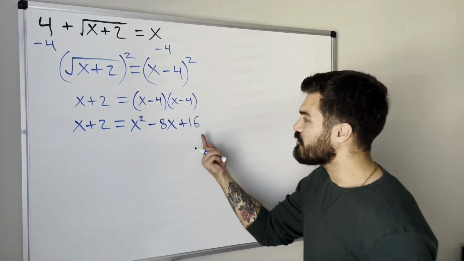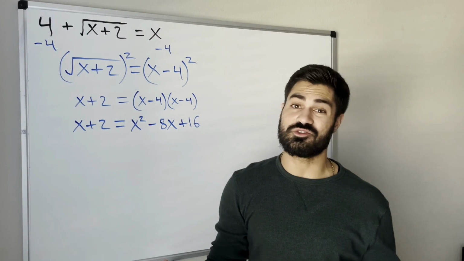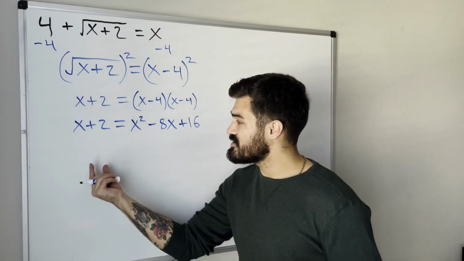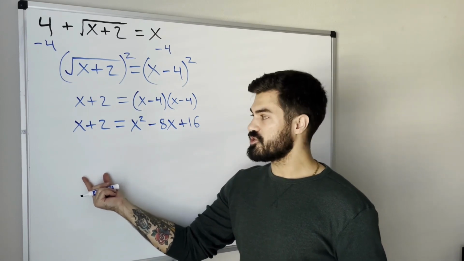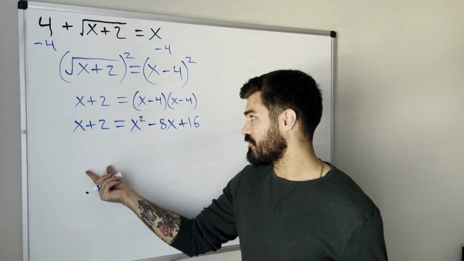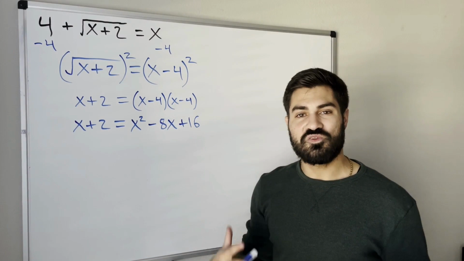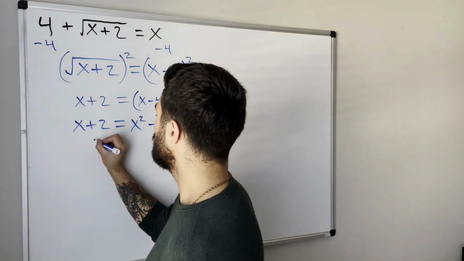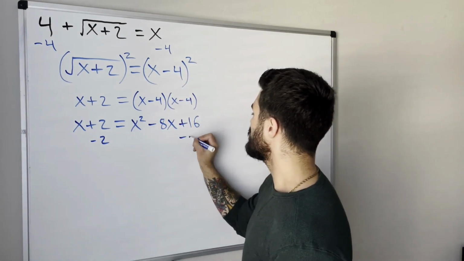And now from here, we have a quadratic equation that we're going to solve. So you can use whatever method to solve this that you want. I'm going to get 0 on the left-hand side of the equation, which you're going to have to do anyway for pretty much all the methods. And I'm going to attempt to factor it and use the zero product property. So let's see if we can go ahead and do this. I'm going to subtract 2 from both sides.